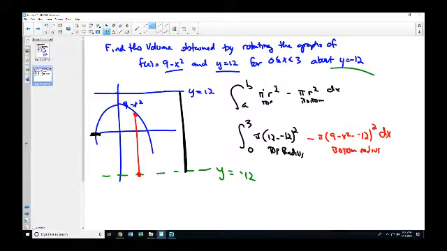What you end up with is 24 squared, and then 9 plus 12 is 21. There's your setup.